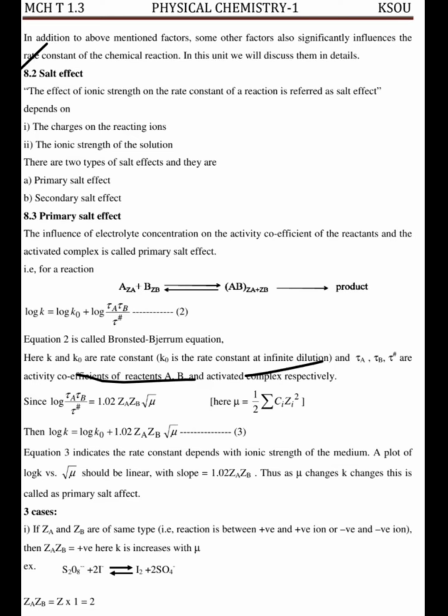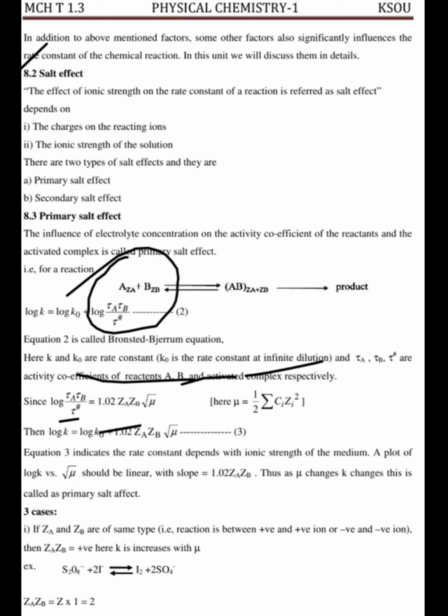So gamma A, gamma B and gamma ash are the activity coefficients of reactant A, B and the activated product. So it can be written as log of gamma A gamma B by gamma ash, that is 1.02 ZA ZB root mu. ZA and ZB are nothing but the charges of the reactants.